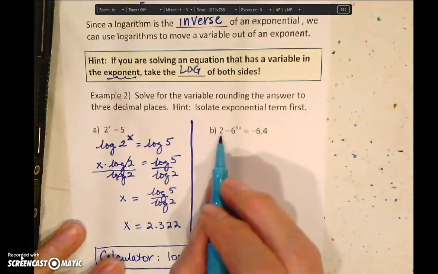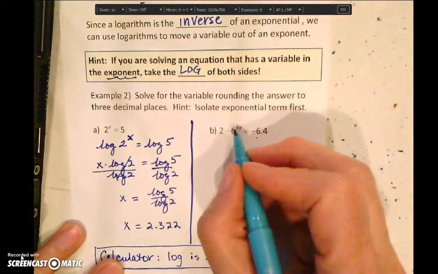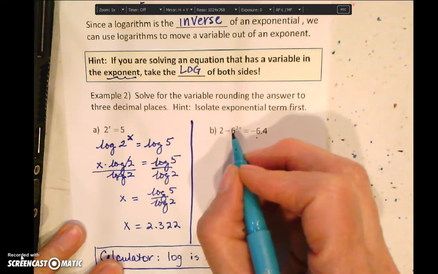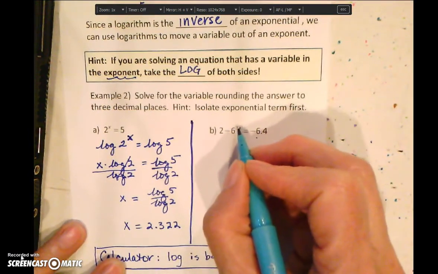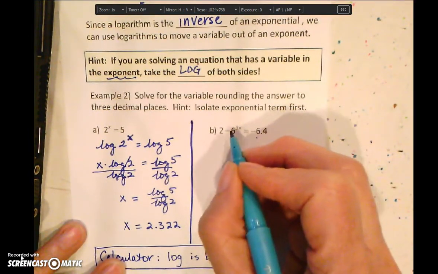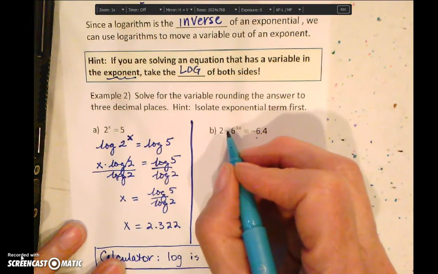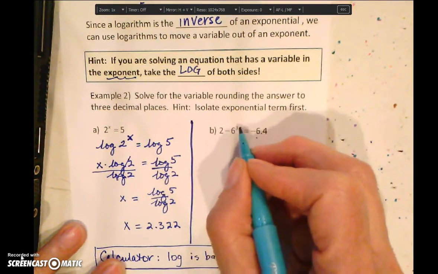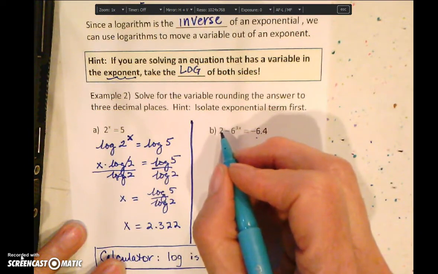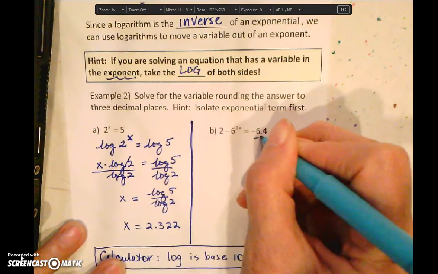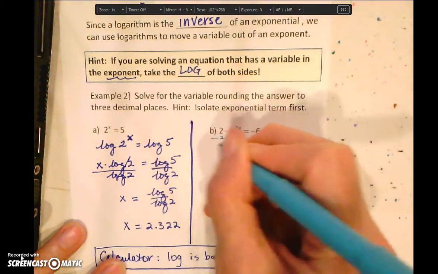So B has a few more steps involved. When you look at our exponential expression right here, 6 raised to the 3x power, you see that it's also over here with the 2 added. So I need to isolate this right here. Since the 2 is added right there, I'm going to subtract 2 from both sides.